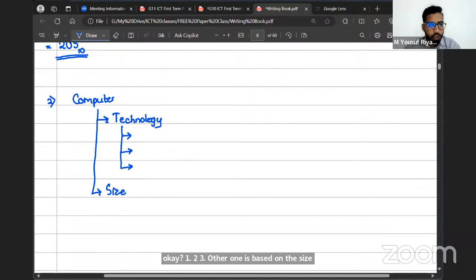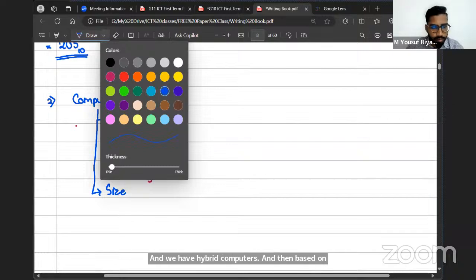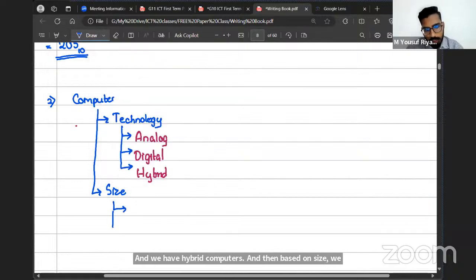If you take technology, we have three technologies. What are the three technologies we have? Exactly. We have analog computers, digital computers, and hybrid computers. And then based on size, what are the categories we have?